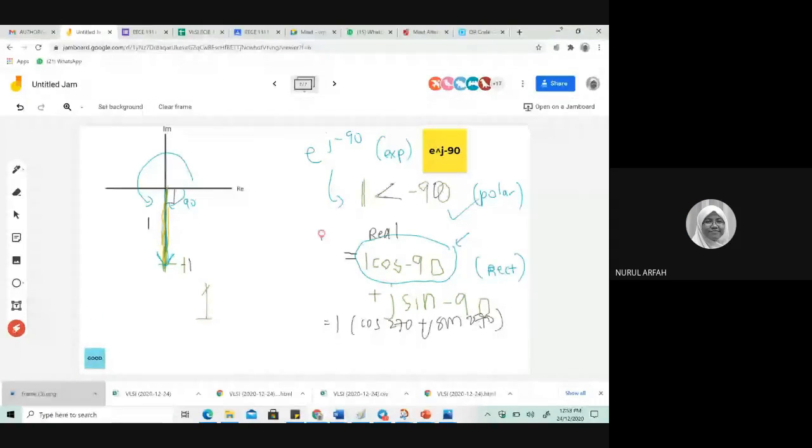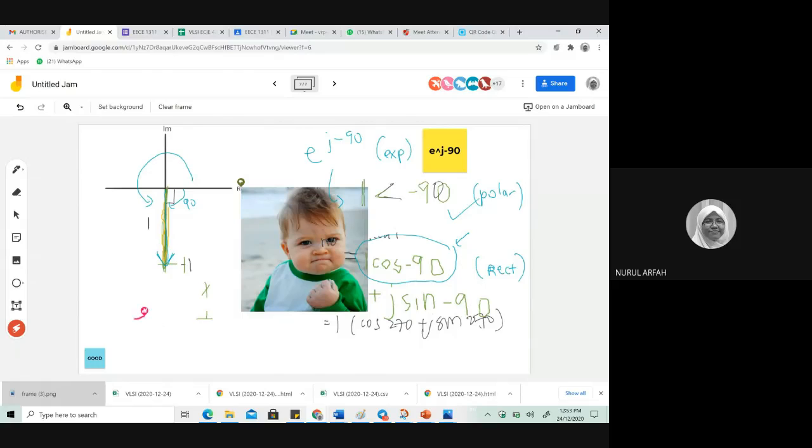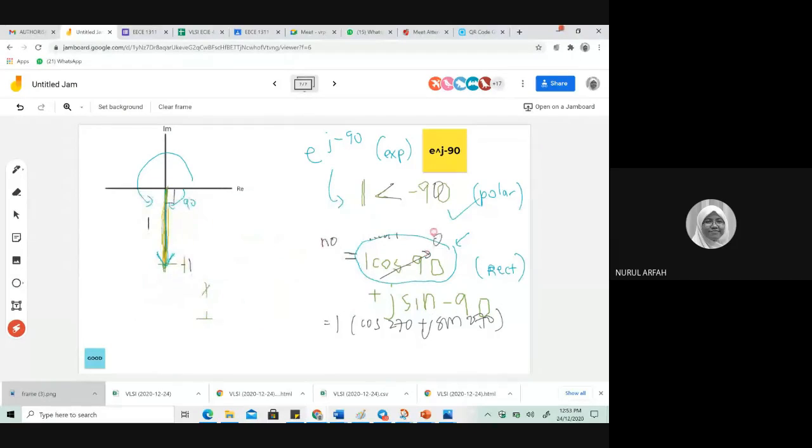No, right? There's no real axis because we only have this side. This is equal to 0 real axis. So this one should be 0. So I think cosine negative 90 degree will be equal to 0. Is it right or not? I think so. 0. So do not need to put any. So you should have a 0 here.